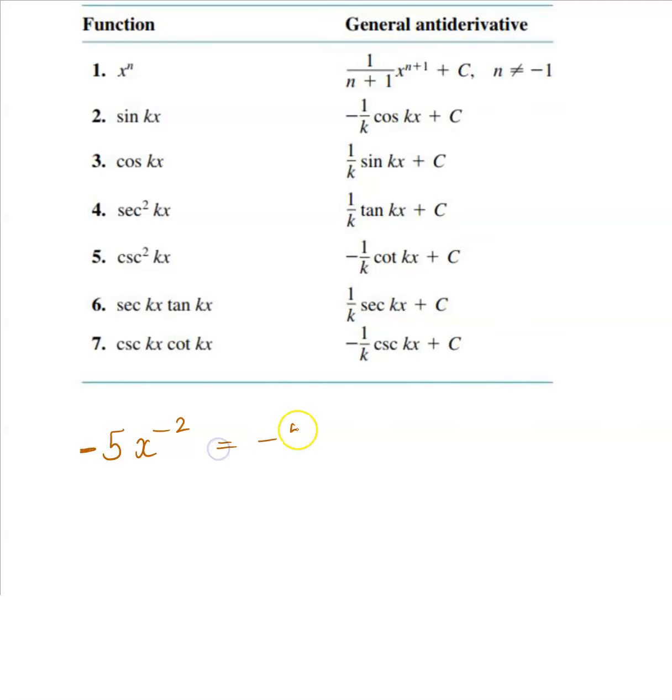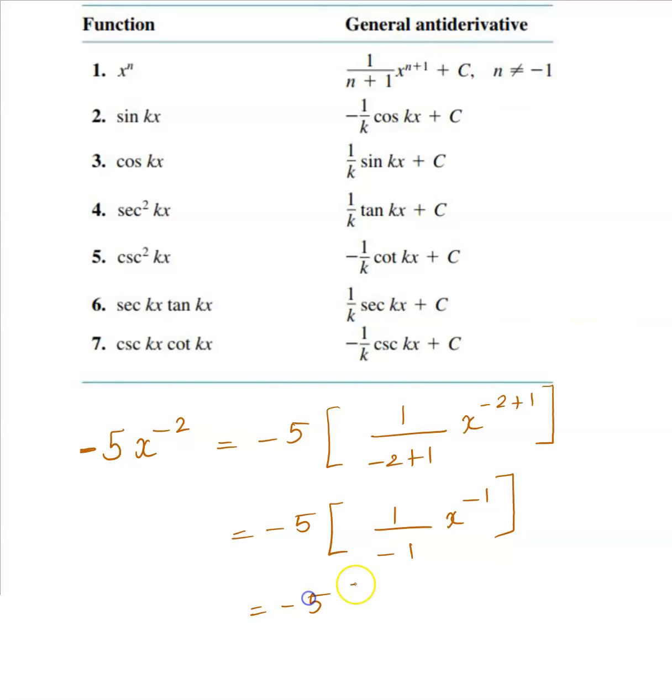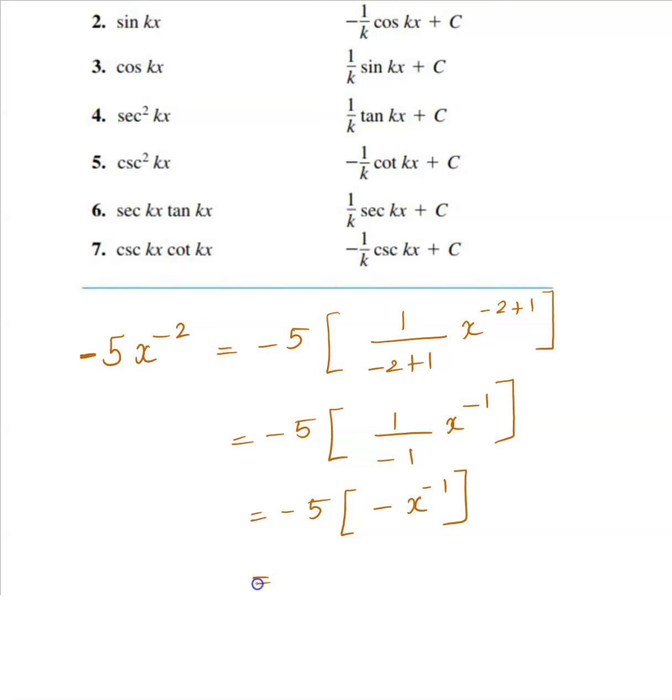So we will tag along the negative 5, but then x power negative 2, it says 1 over negative 2 plus 1 x power negative 2 plus 1. That is what we will do to find the derivative, I mean the antiderivative. 1 over negative 1 x power negative 1, which is negative 5 times negative x power negative 1, which is multiply them, so the minuses become plus 5x power negative 1, which was 5 over x.